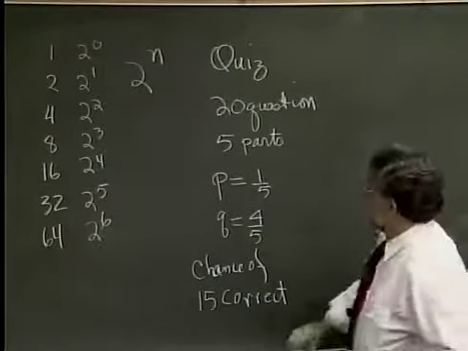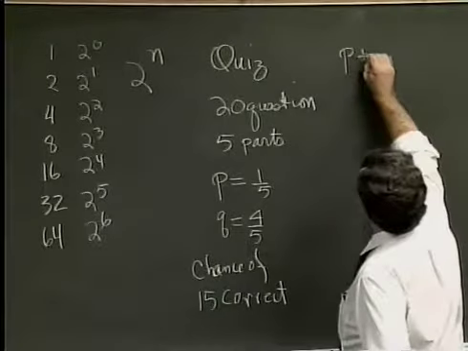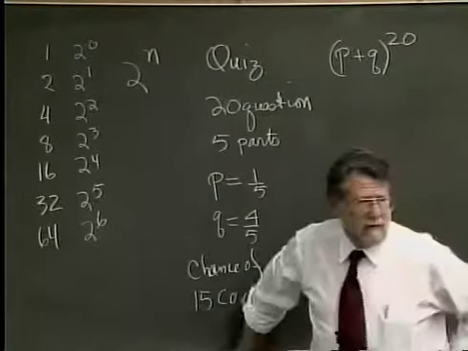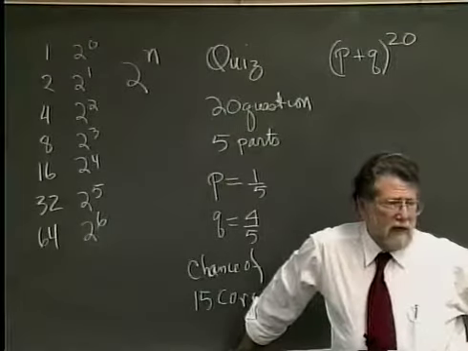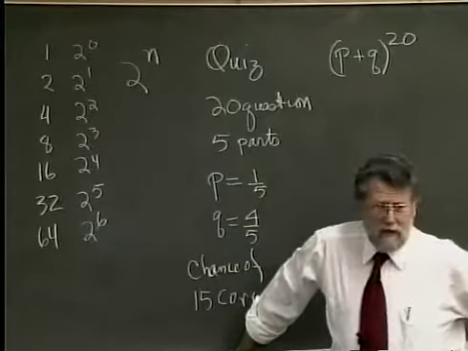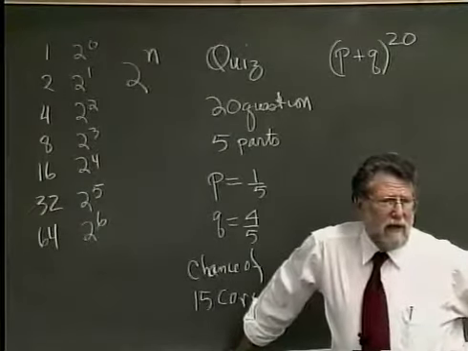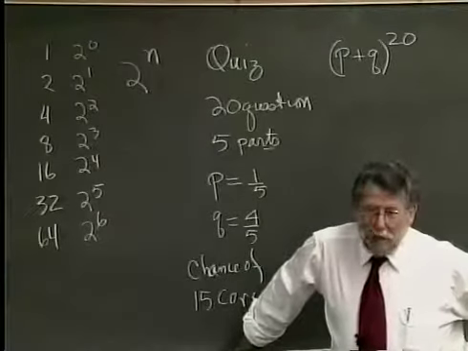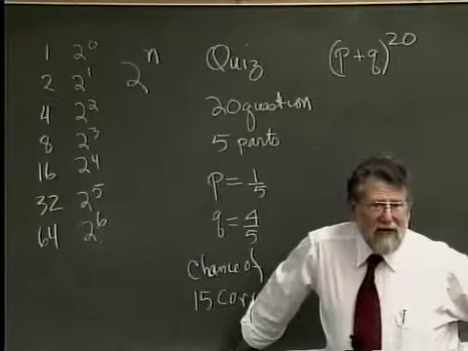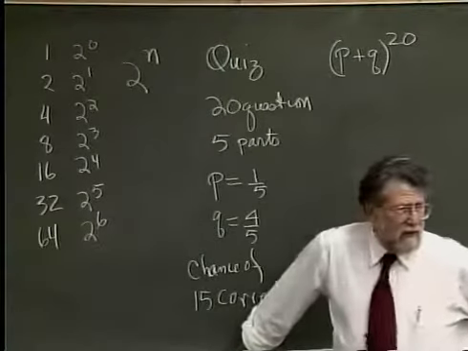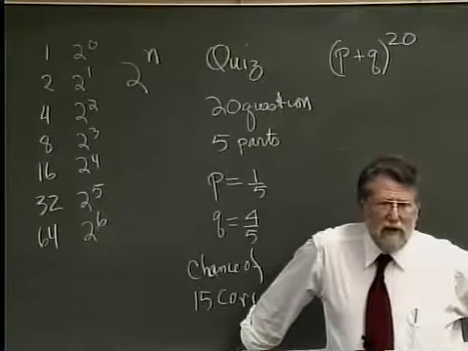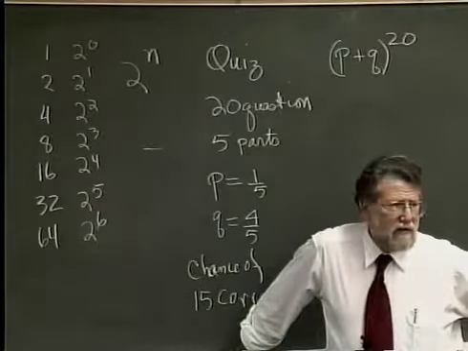How do you find this? Here's what you do. You take a plus b to the 20th power. The binomial expansion that we've just been doing is precisely what you do there. And you run it down until you get to the 20th row, and then you want 15 at a time. So you have to count over 16 points or positions in the row to get the answer.